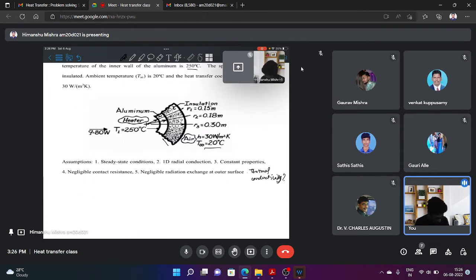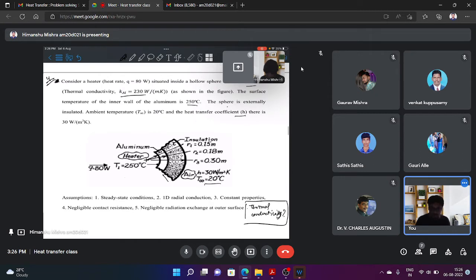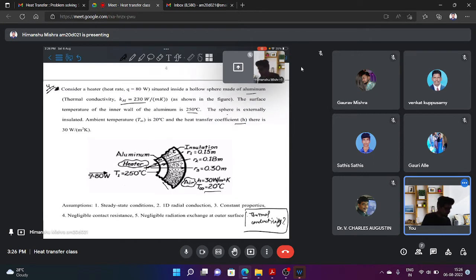So we have to find the thermal conductivity of this sphere. We have been given the heat rate and the property of the material as well as the thickness of the material.